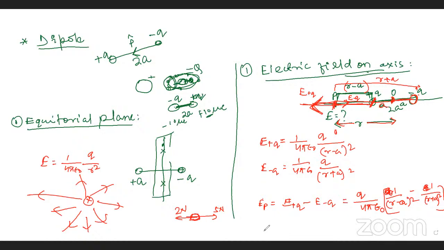Q by 4π epsilon naught times 1 upon (r minus a) square minus 1 by (r plus a) square.